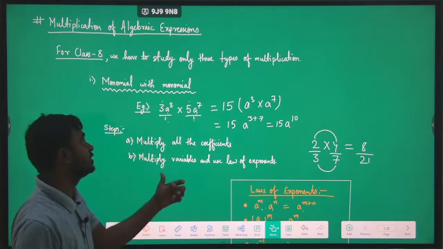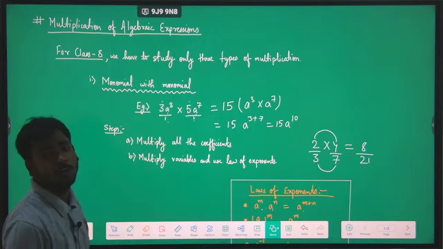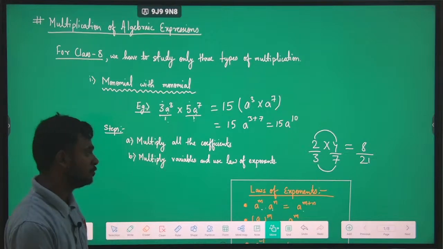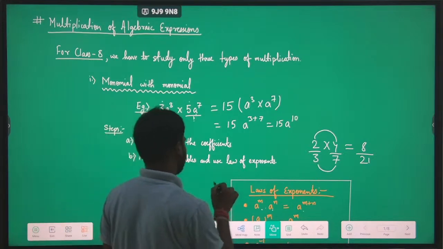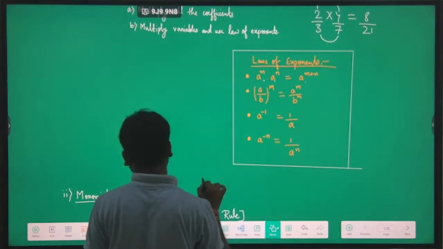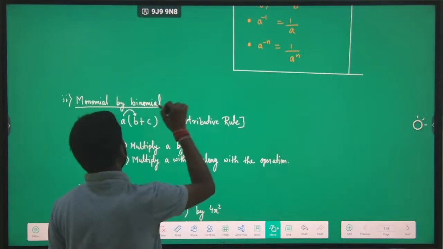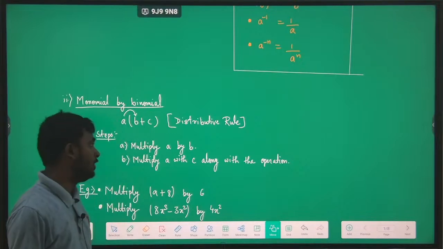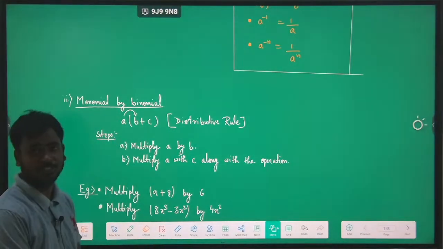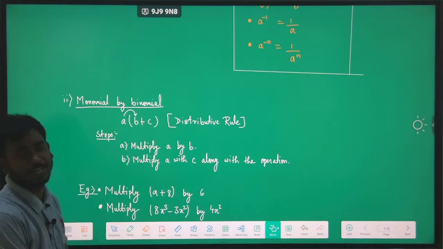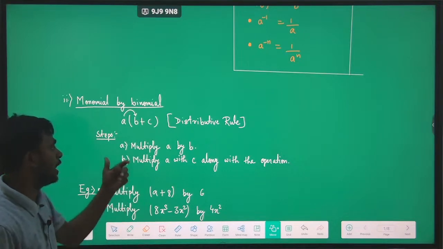So right now we have studied how we will multiply a monomial with another monomial. Now moving to our next type. Our next type of multiplication was monomial with binomial. So we have a monomial algebraic expression, we have a binomial algebraic expression, and we want to multiply both.